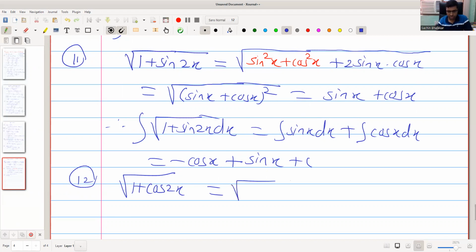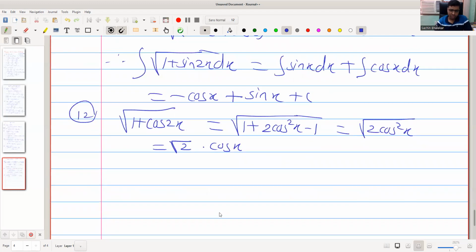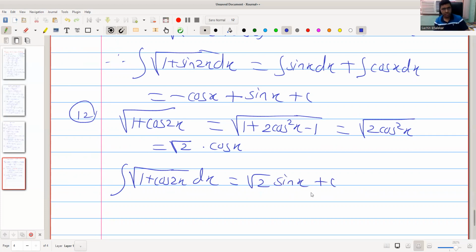So it is square root 1 plus 2 cos square x minus 1, so that we can cancel this 1, and this is nothing but square root 2 cos square x, which is root 2 into cos x. And now the integral is root 2 constant, integral cos x, it is sine x plus c. That's all.